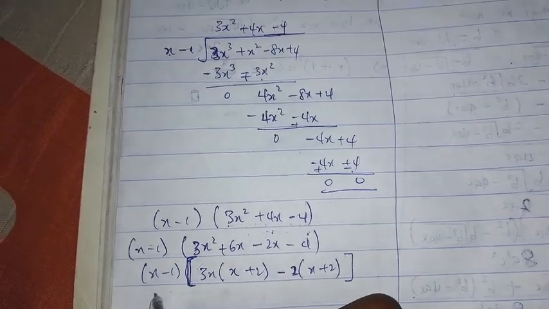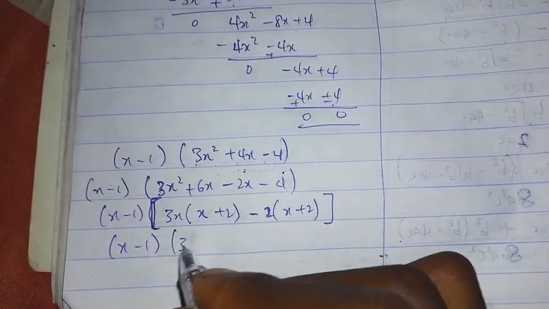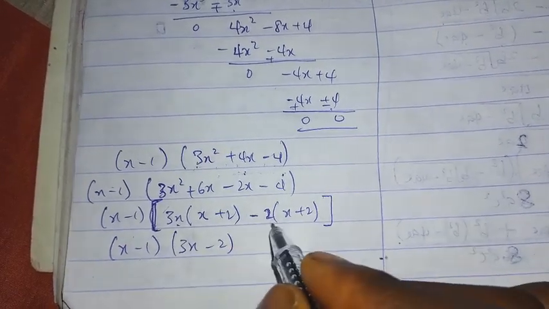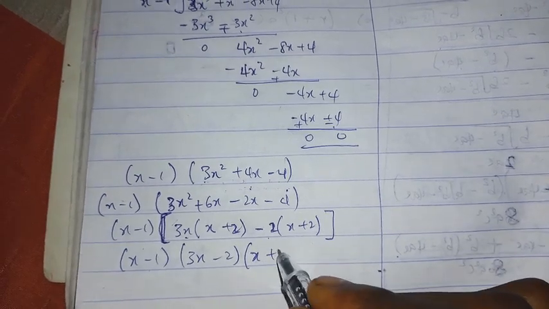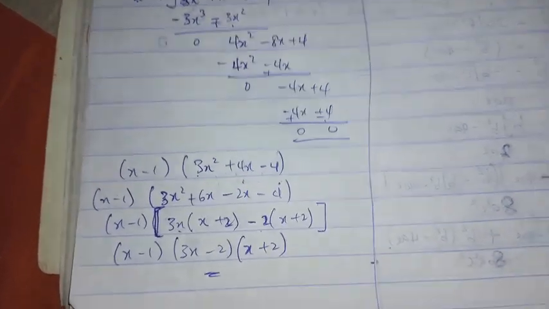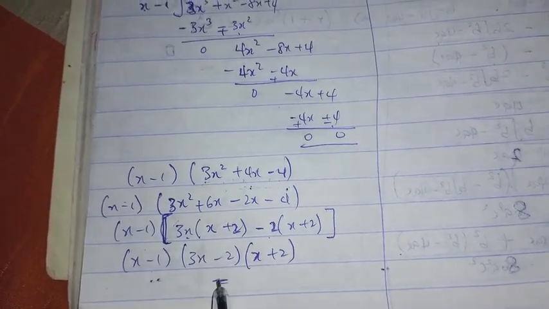Okay, so finally, I have x minus 1, and I have 3x minus 2, taking one of these inside the brackets because they're the same thing, x plus 2. So it means the factors of my polynomial f of x are x minus 1, 3x minus 2, and x plus 2.